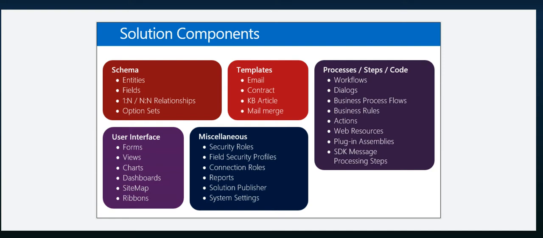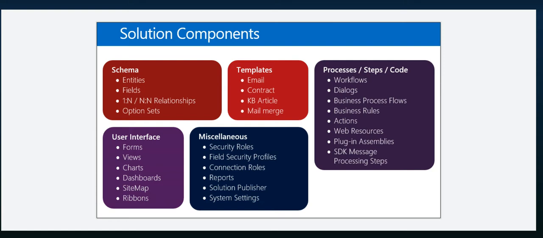So what are the different components that we can work with in solutions? In the schema, we have the entities themselves. That would be your account table or your contact table or your case table, depending on what you're working with. Then they have all the fields and attributes that we're working with: all the fields, all the lookup fields, name fields, annual revenue, account name, address fields, and so on.